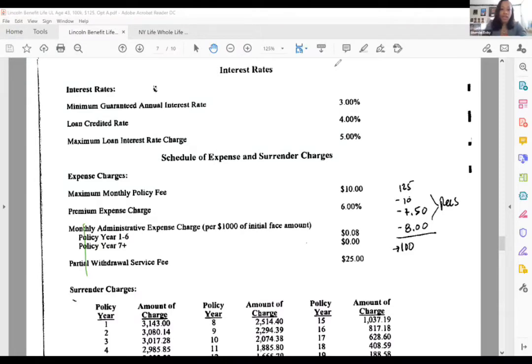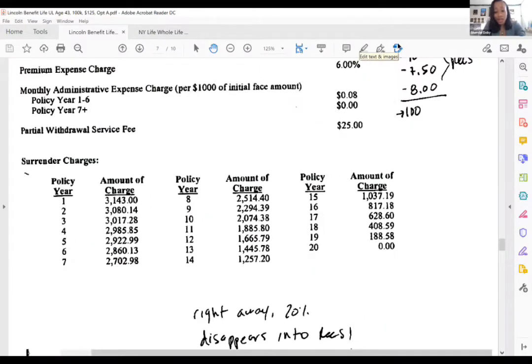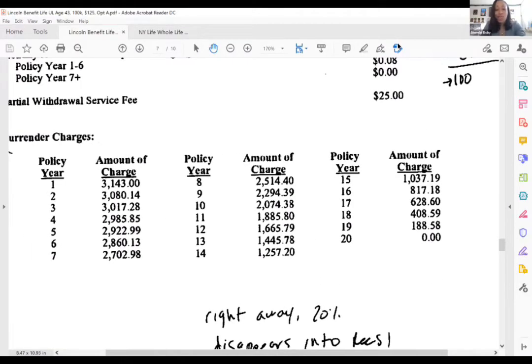Now, if we look down a little bit more, you'll see the surrender charges. So most companies' surrender charges go for about 10 years. This policy has an extremely long surrender charge period of 20 years.